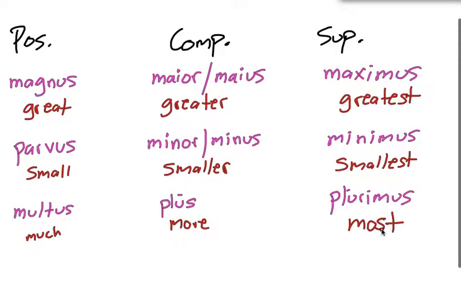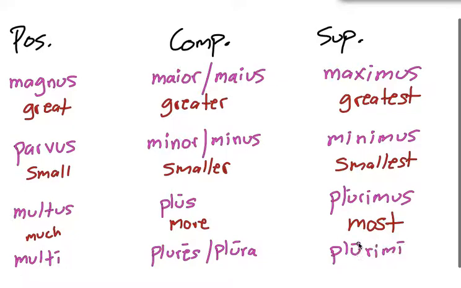This also works in the plural for multus. So you can say multi, and then the comparative of multi actually has real comparative forms. So it has plures and also the neuter form plura. And then, of course, we would just make plurimus plural, plurimi. Okay, and the translations would be the same, except multi would then be many, plures would be more, and plurimi would be most.